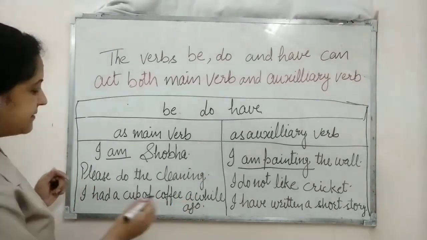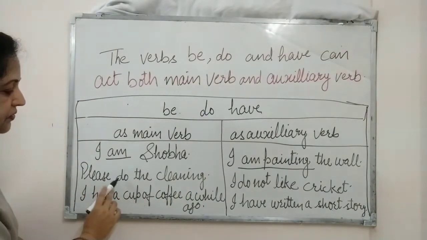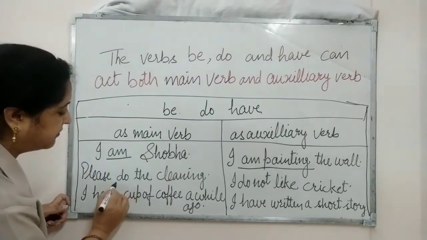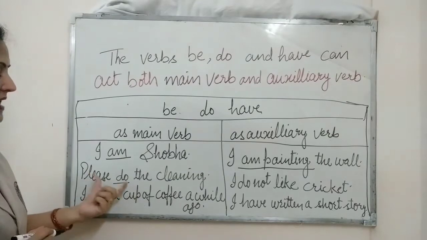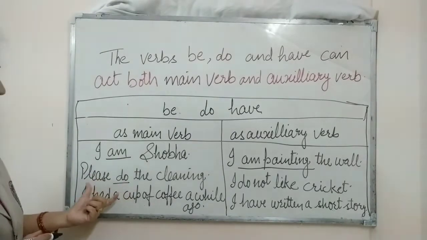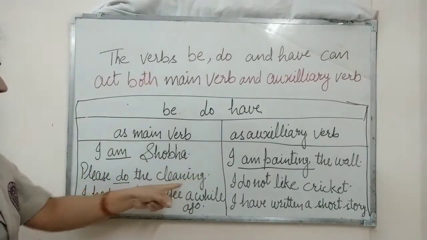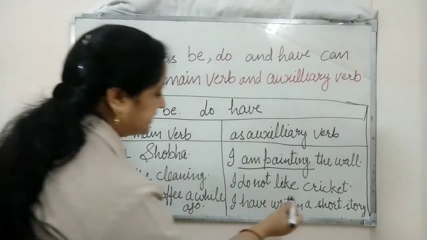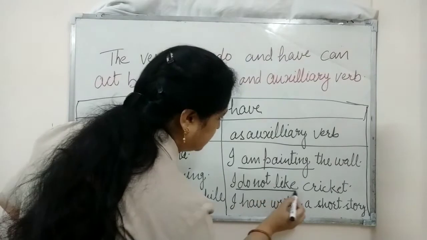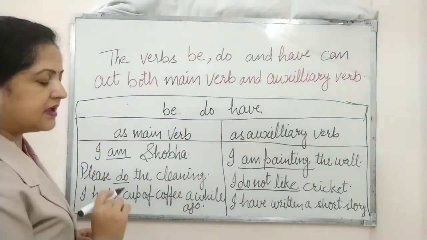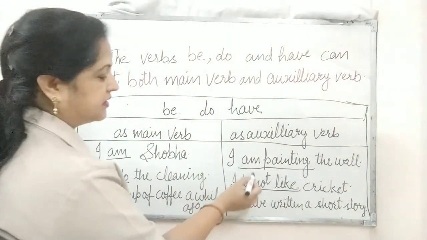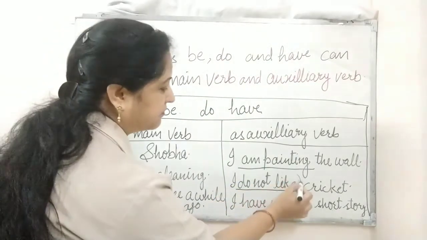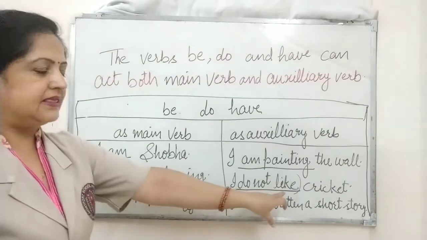The second example is: Please do the cleaning. Here the verb do is used as the main verb, giving the complete sense of the sentence. And in this case: I do not like cricket. Here we have used the verb do as the auxiliary verb along with the main verb like.